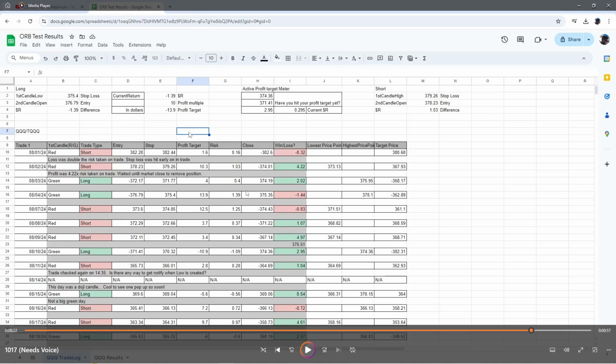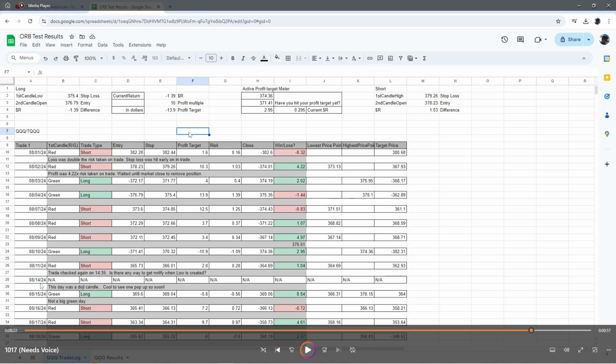And then we have the closing price, our profit or loss, win or lose. It was good enough for me to do green for anything positive, red for anything negative. So it helped me keep track. And then I had my target prices here and my highest price and my lowest price here and here.